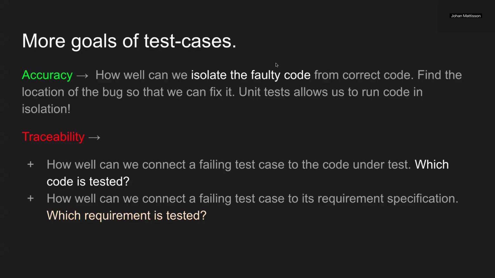Traceability: how well can we connect a failing test to the code under test, meaning which code is tested? In certain cases, this is cool, if we have the code that we are testing. At certain times, we don't, and that's called black box testing, basically.